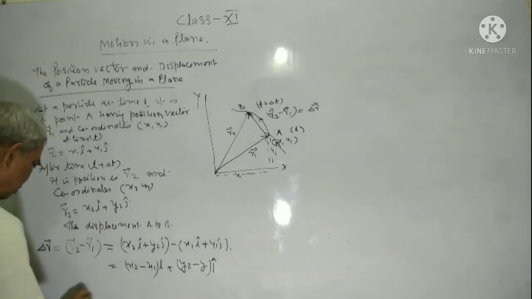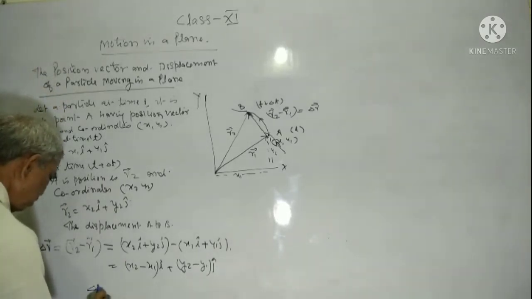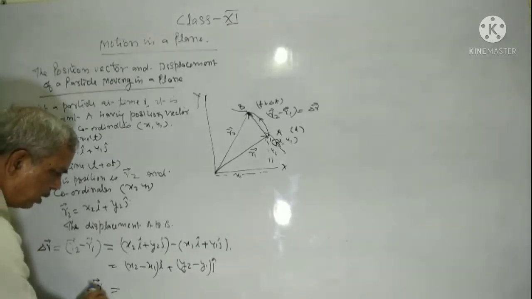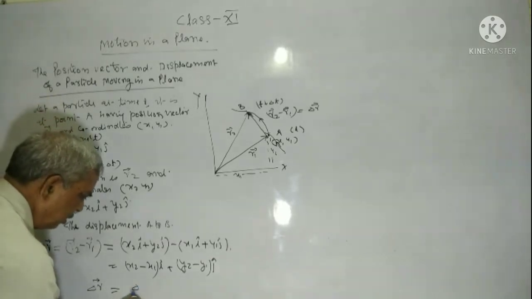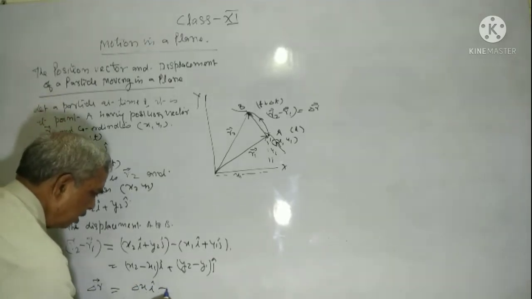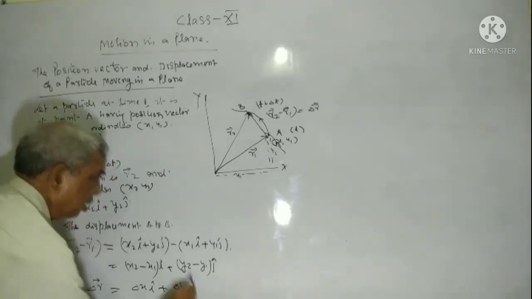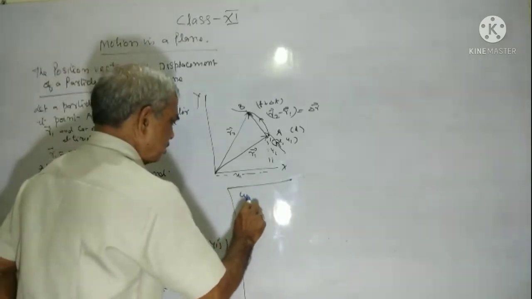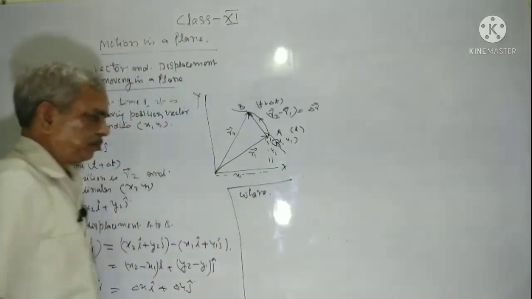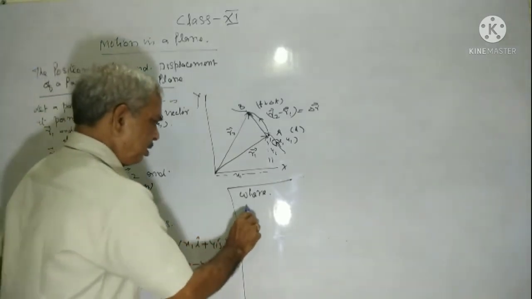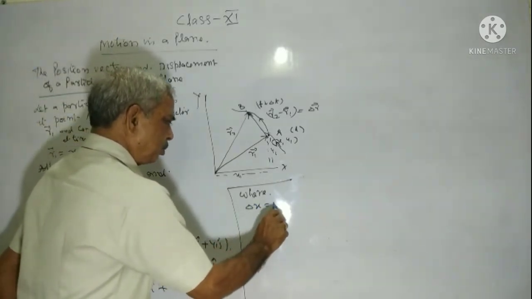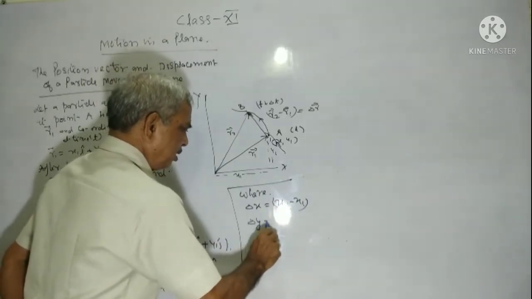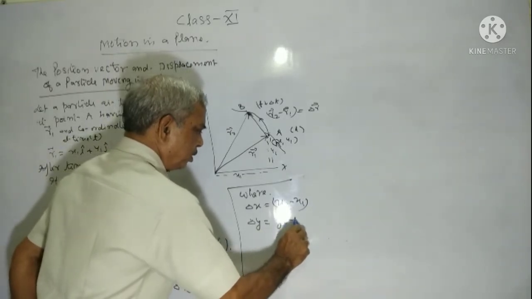We can write it as delta vector R equal to delta x i cap plus delta y j cap, where delta x is equal to x2 minus x1 and delta y is equal to y2 minus y1.